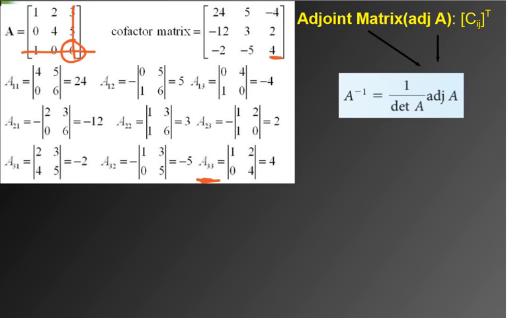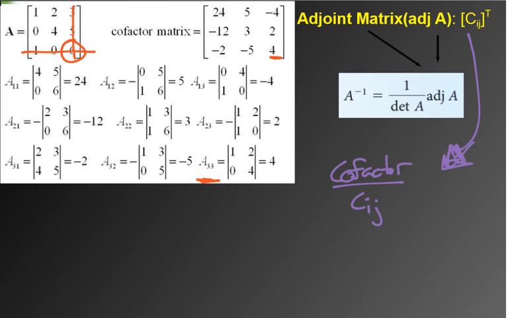So that's the cofactor matrix, and the adjoint matrix is a fancy word, sometimes written ADJ of A. The adjoint matrix is the transpose of the cofactor matrix. So this C is the cofactor matrix, Cij.